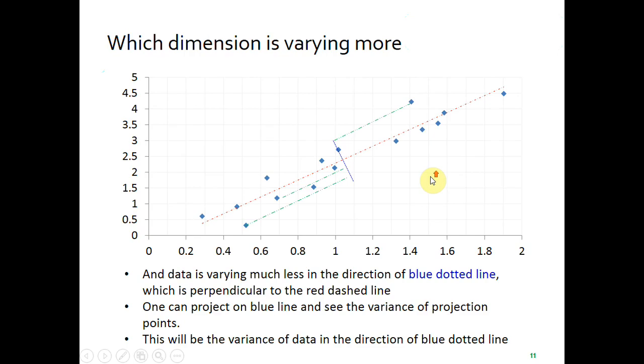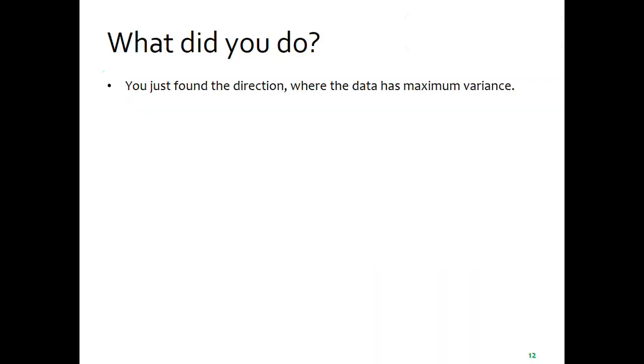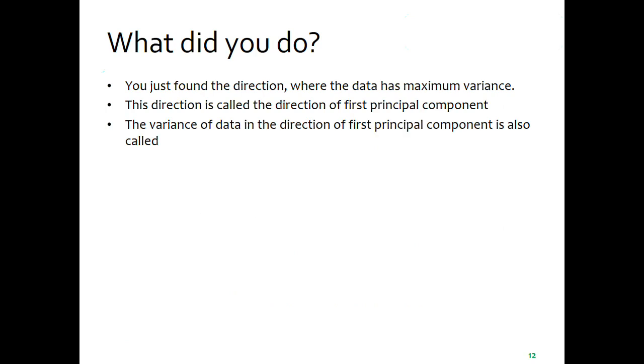So what did you do, you found the direction where the data has maximum variance. This direction is called the first principal component, and the variance in this direction is called the variance of first principal component or the first eigenvalue.